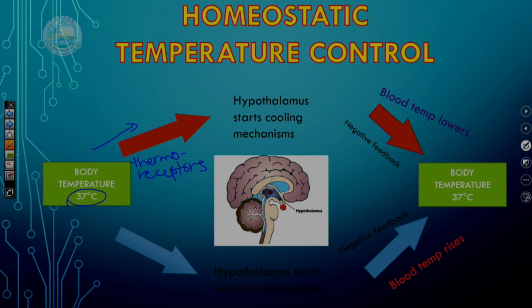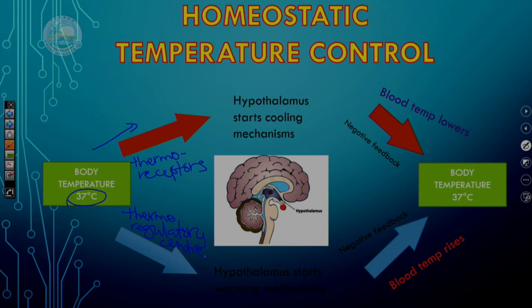We also have a thermoregulatory center in your brain, which can also detect any rise in temperature internally.